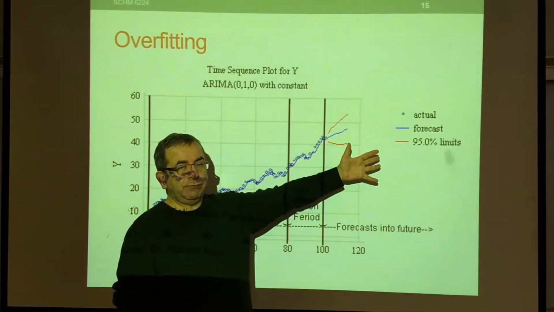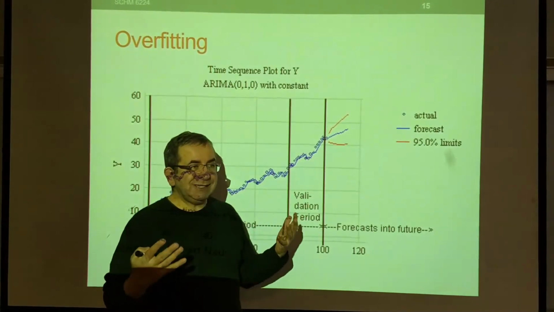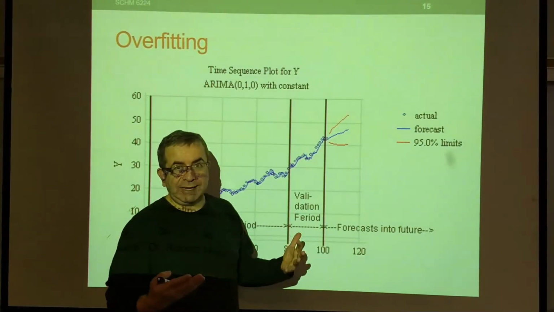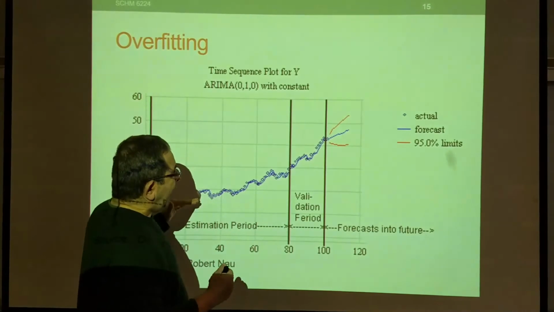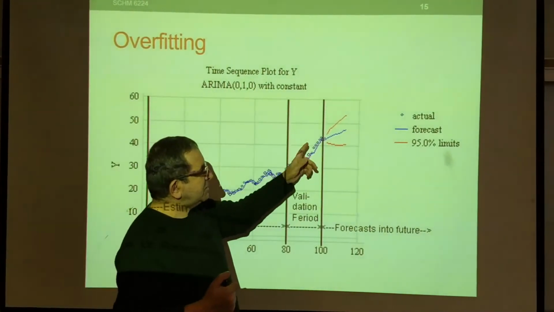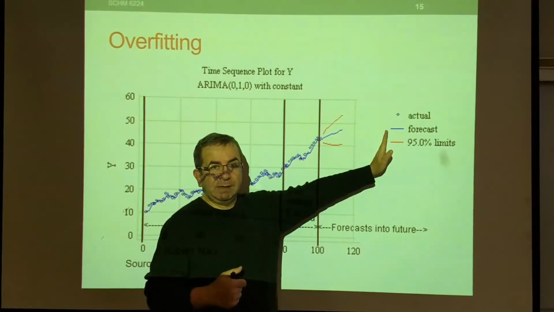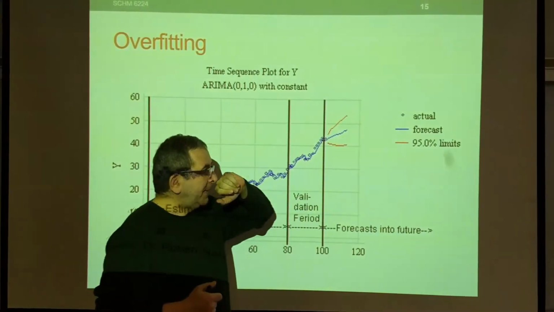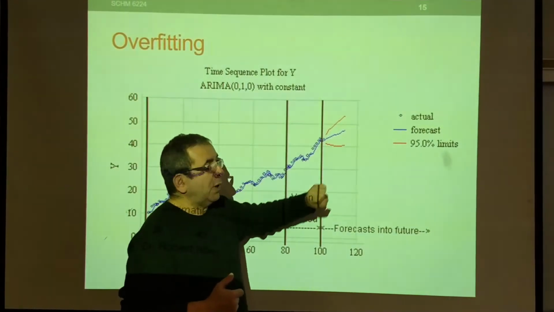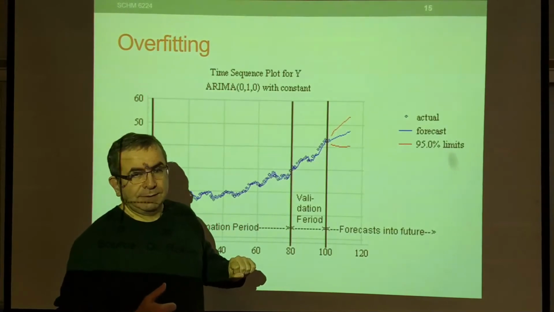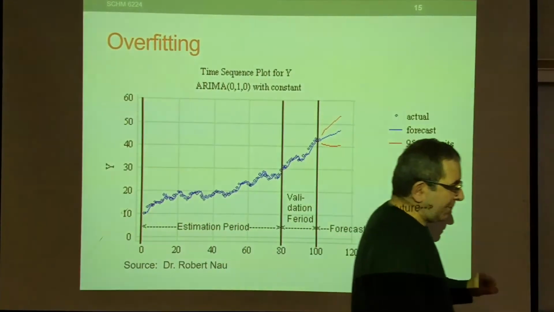Something will change in the future. Okay, we don't know what's going to change exactly, but something will change. So as you keep your parameters constant for forecasting future demand, your forecast quality will suffer. Definitely.